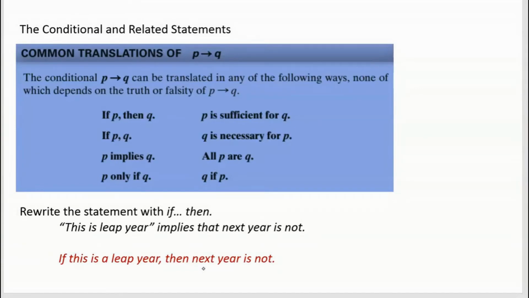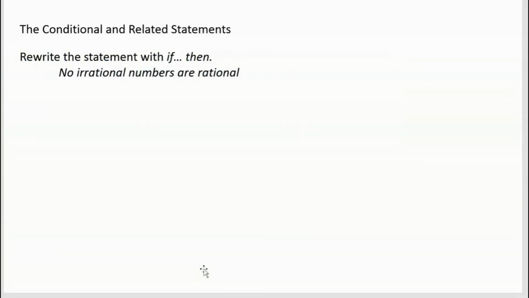Let's try this again. No irrational numbers are rational. Now the struggle really with this one is deciding if it's an irrational number, then it's not rational, or if it's a rational number, then it's not irrational. Now the real if in this particular case is if it's rational. And I know that's hard to see, and I think these are a struggle, without a doubt.